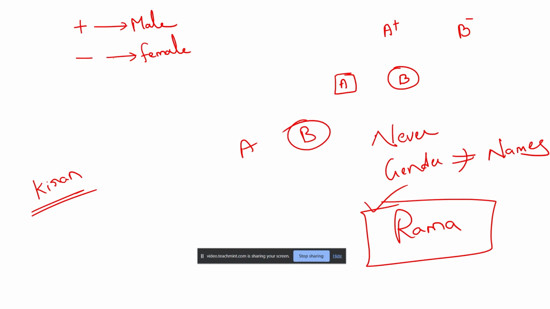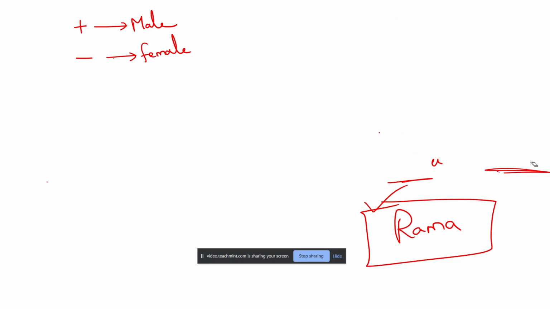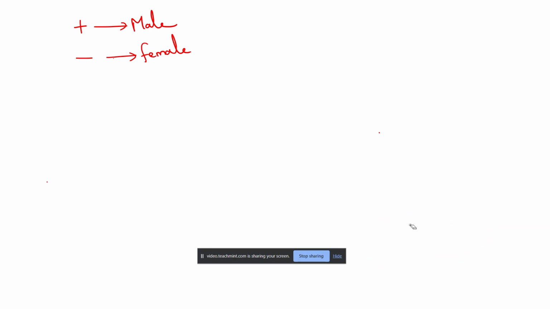So the first thing you need to remember while solving blood relations is never decide the gender based on the names. Then you may ask, sir, if I don't decide the gender based on names, how am I going to identify whether that person is male or female? I will tell you that topic now. Just wait for 1 second. Now see guys, I'm saying like this. A is father of B. If I'm saying A is the father of B, I know that A is the father.